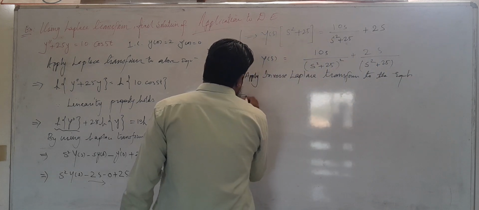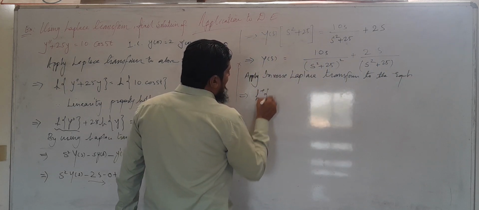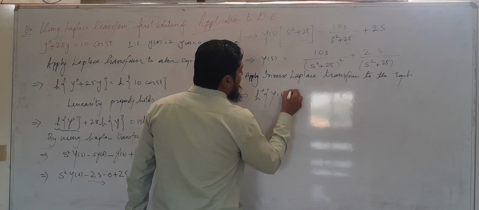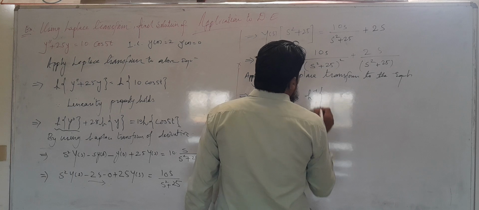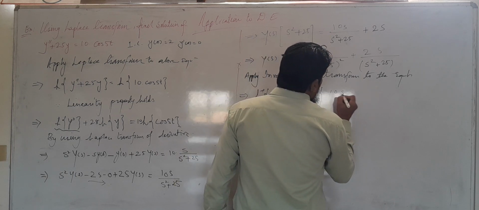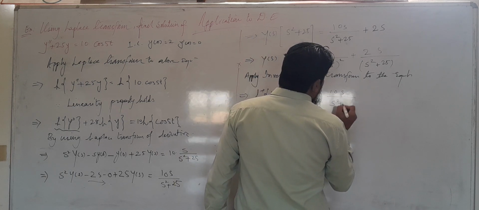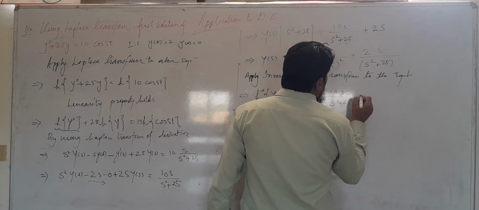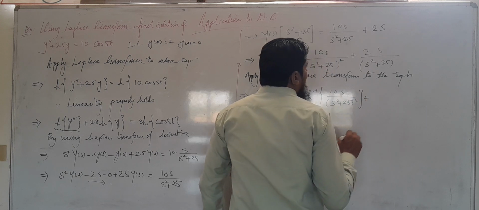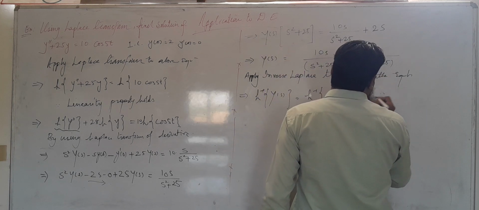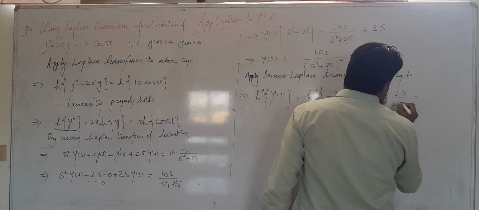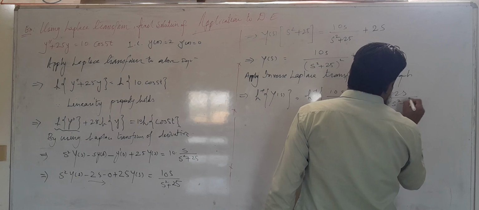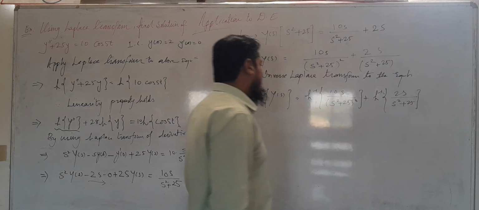We get inverse Laplace transform of Y of s equals inverse Laplace transform of 10s upon s square plus 25 bracket square plus 2 times inverse Laplace transform of s upon s square plus 25. Correct?